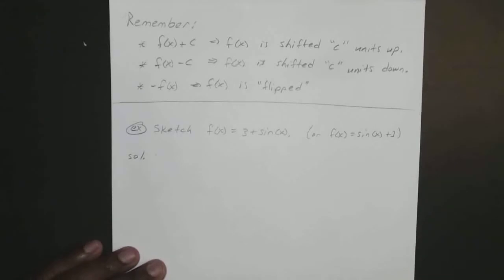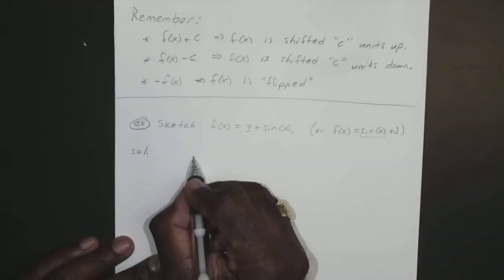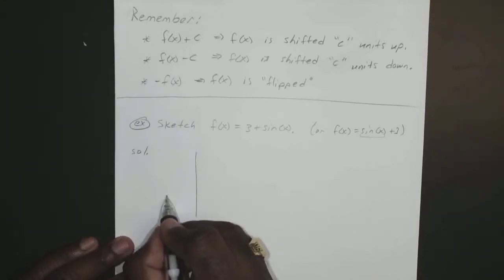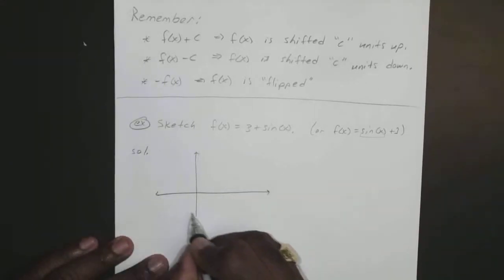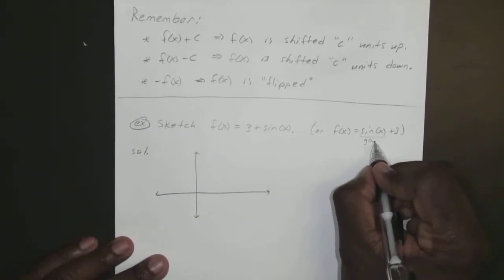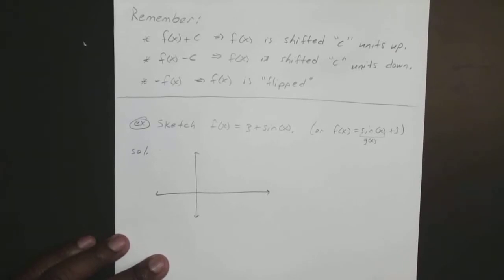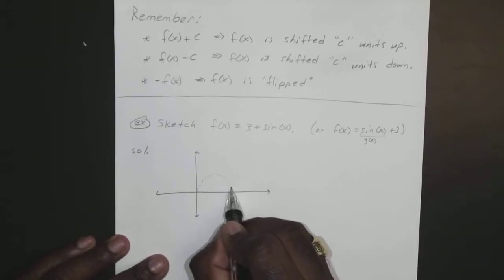All right, so let's say if we start with our sine of x. And we'll make that, instead of f of x, since we're already using that, we'll make that our g of x. Okay, so this is our sine. Kind of go like that.